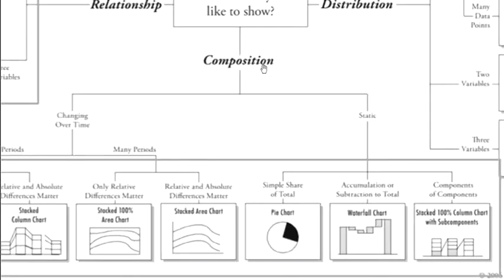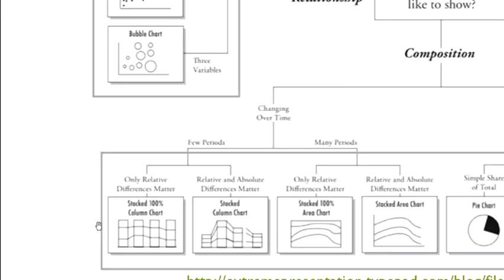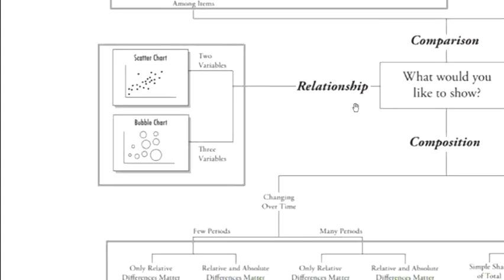Similarly, if you were to represent the composition, you can have a pie chart or waterfall chart or standard area chart. And similarly, a stacked chart would again give a very clear or very nice composition of different elements belonging to different classes. Then in order to represent relationship, we can have scatter charts or bubble charts. Scatter charts are best for two variables, and anything beyond that, for example three variables, is more suited for bubble charts.